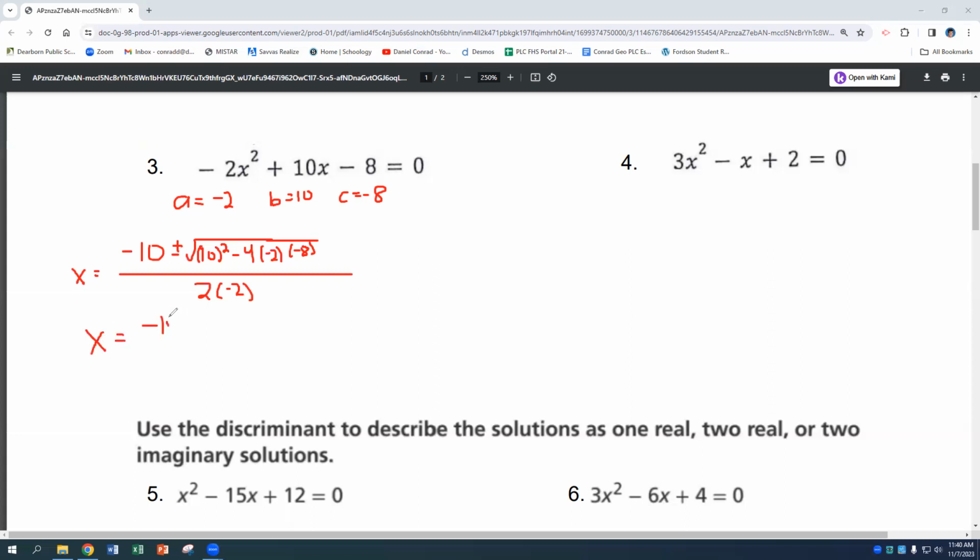Put all this in your calculator. That's 100 minus 64, which is going to end up being 36. Then over -4.